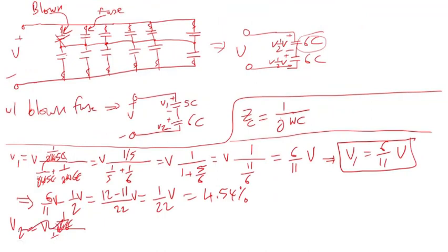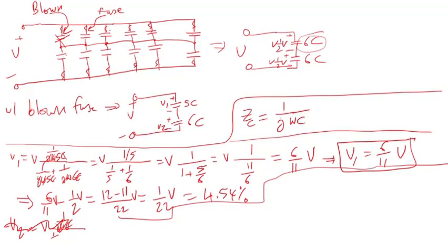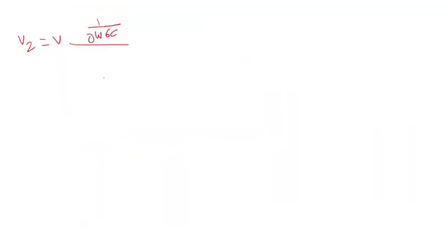V2 is equal to V times 1/jω6C, because V2 is across the 6C, divided by 1/jω6C plus 1/jω5C.